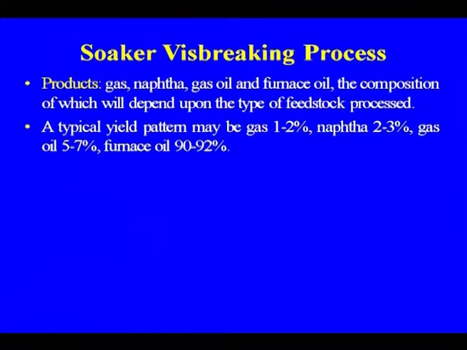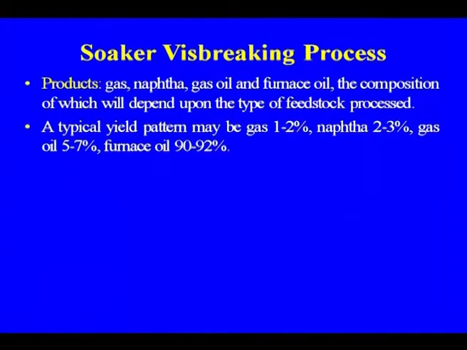The composition depends upon the type of feedstock processed, so the whole product range which we are getting after the cracking will vary. A typical yield pattern may be gas 1 to 2%, naphtha 2 to 3%, gas oil 5 to 10%, furnace oil that is 90 to 92%.